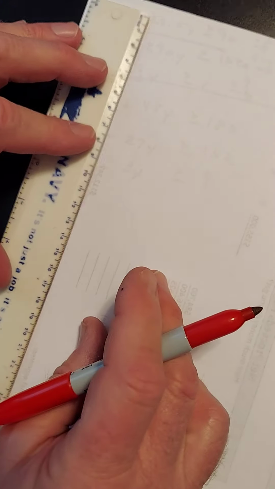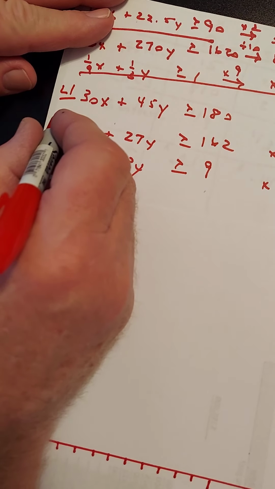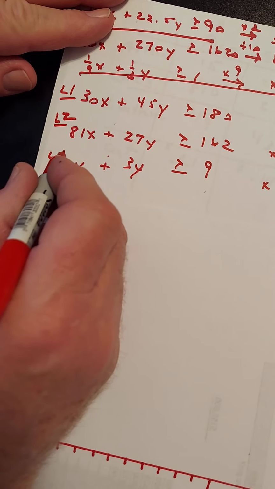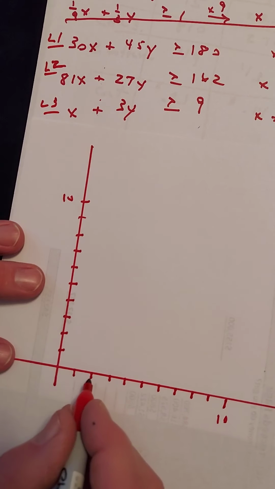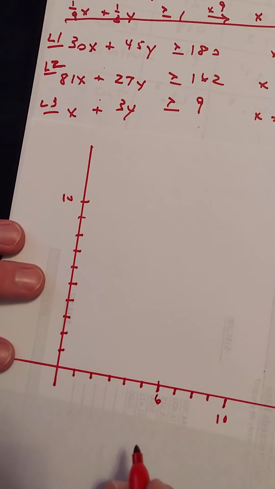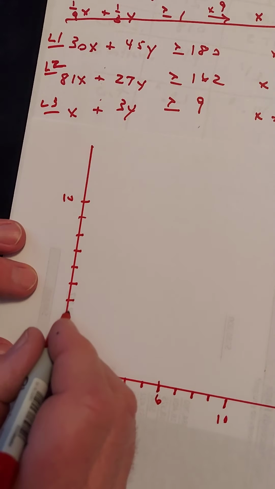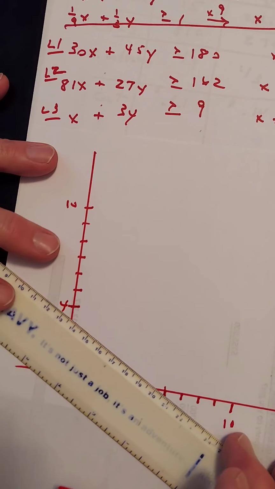Okay. So going back to my work here. My L1, remember how I told you to label these? So like there's L1, L2, and L3. So if I want to graph L1, I'm going to go 1, 2, 3, 4, 5, 6, and 1, 2, 3, 4. And I'm going to draw a line.